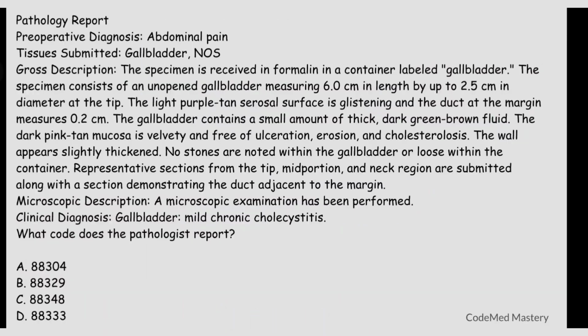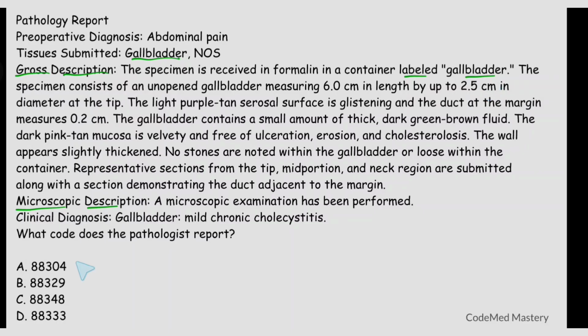Next question. This is a case study question. In this they have mentioned tissue submitted gallbladder. The specimen is received in formalin in a container labeled gallbladder. So here they have mentioned gross description and microscopic description. And the specimen is gallbladder.